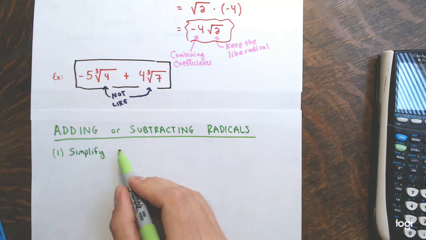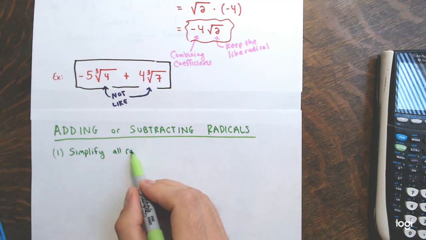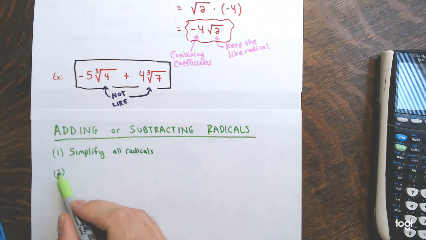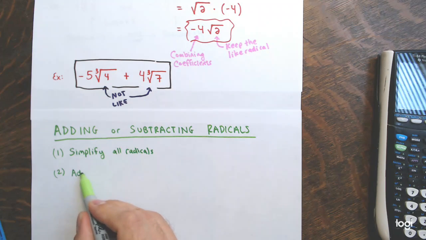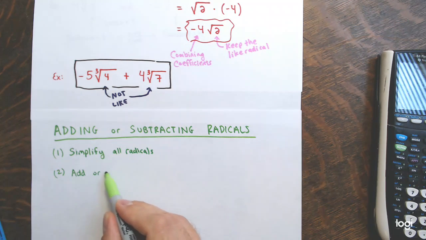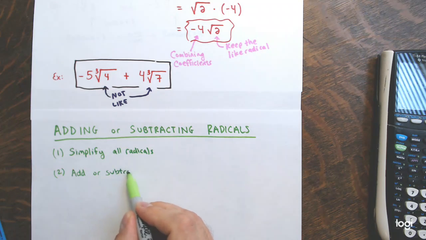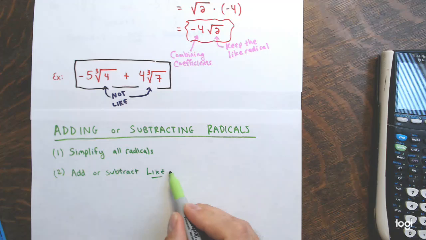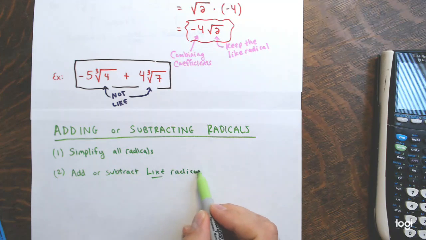Simplify all the radicals first. Then add or subtract like radicals. And that's it, it's really going to be that simple.